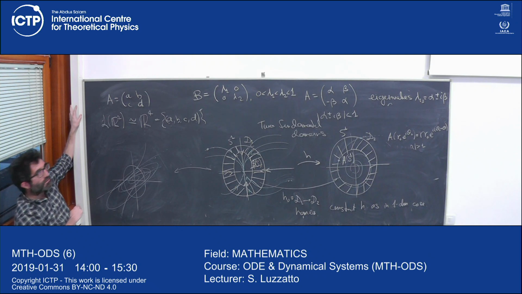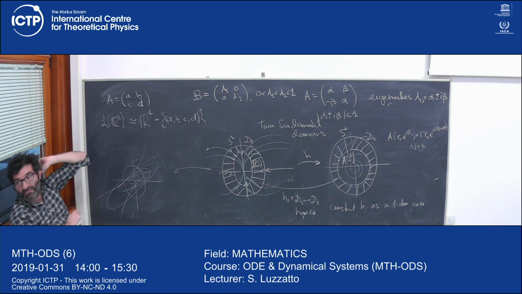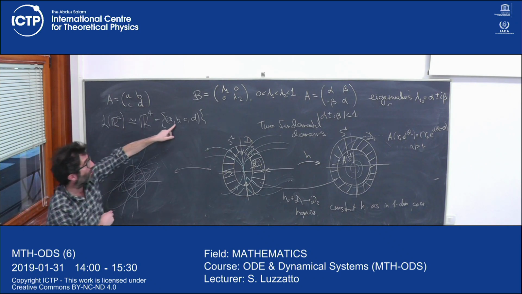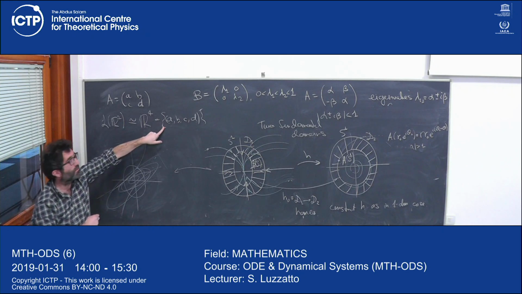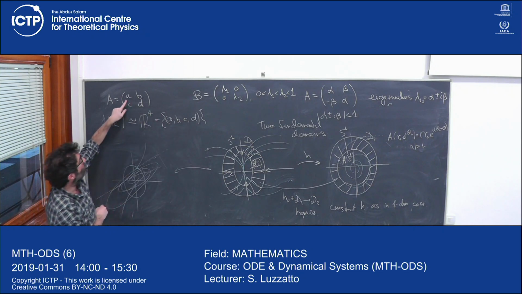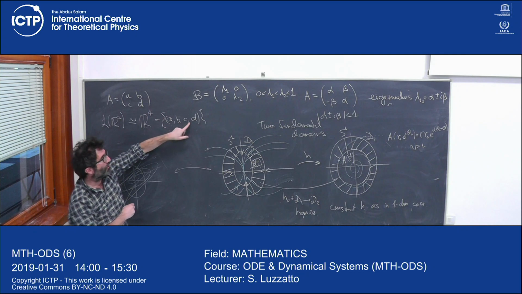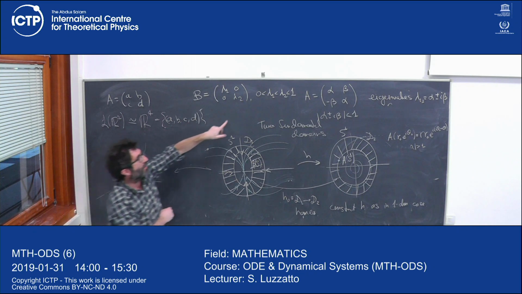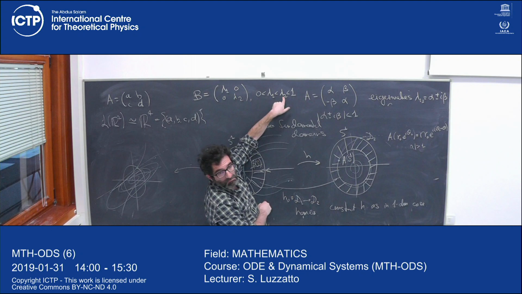And the result is really that every hyperbolic linear map is structurally stable. Basically because the eigenvalues depend continuously on these coefficients, right? So if you change A, B, C, or D just a little bit, you will change the eigenvalues just a little bit, right?